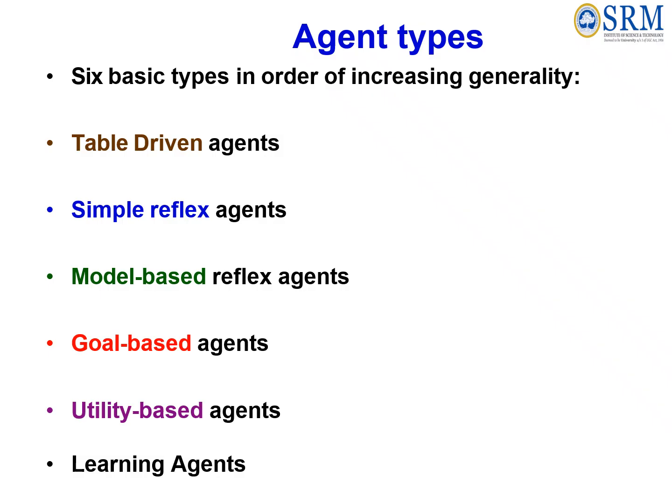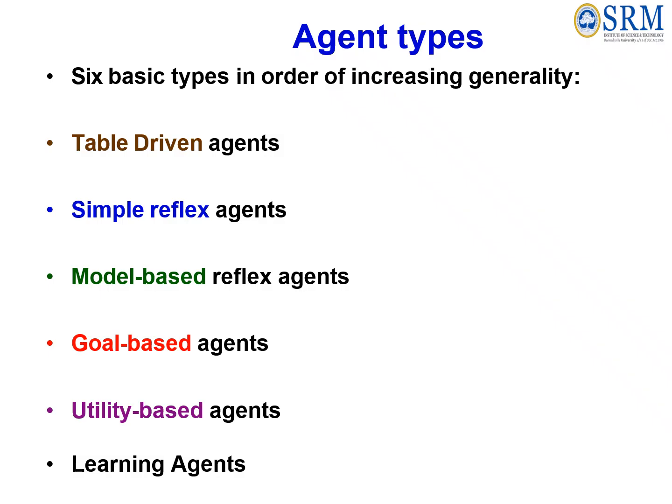Next is the goal based agent. A goal based agent chooses actions that help to achieve the goal. Instead of blindly following each and every rule, it evaluates future possibilities. That is about the goal based agent. Next is the utility based agent. It selects the action that produces the highest utility based on satisfaction.